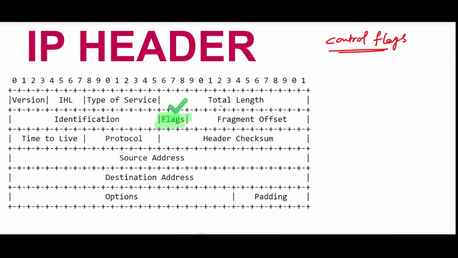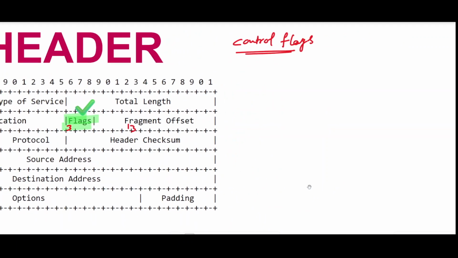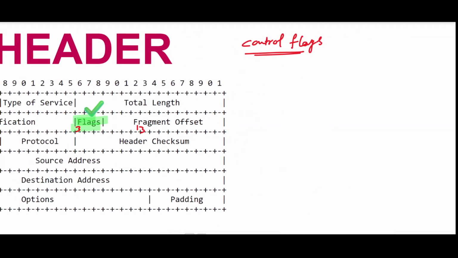Now this is a 3-bit field. This is a 3-bit field. So first we should write here 3 bits, and that means the rest will be 13 bits, because the total will be 16 bits. Now, for these 3 bits, first we should differentiate these control flags.